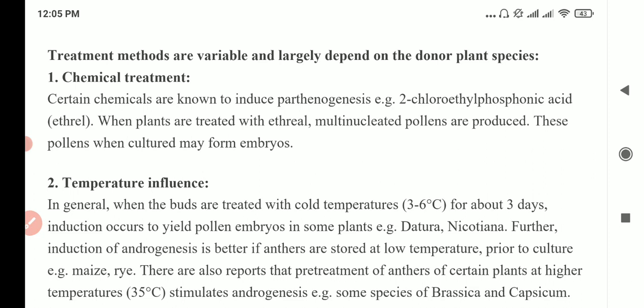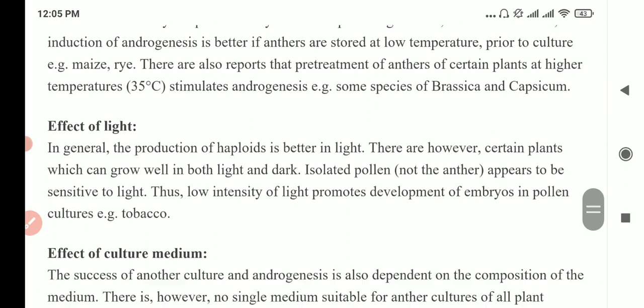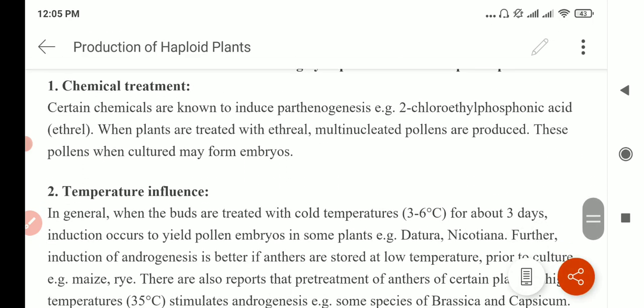Then what's there? We could use treatments by chemicals, by temperature. Certain chemicals can induce parthenogenesis. I told you, parthenogenesis, directly a child will form from a gamete without fusion.